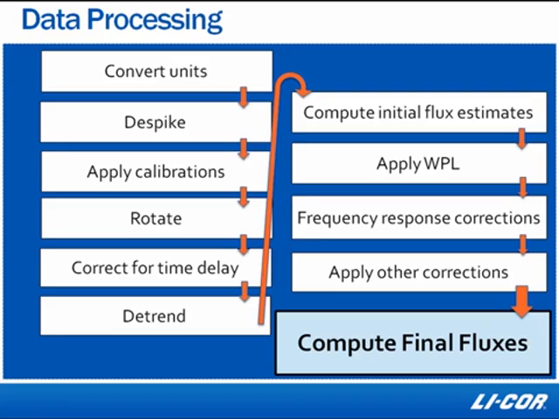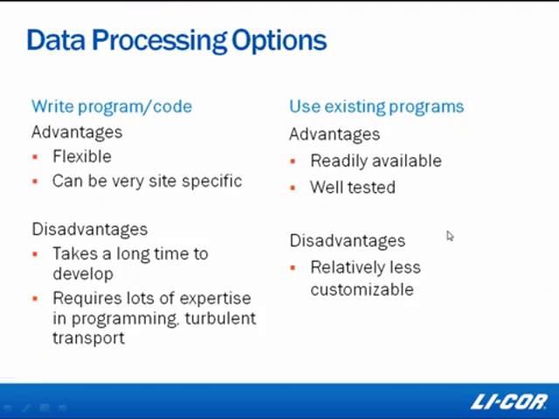Some of these calculations may be straightforward, like converting units, but the frequency response corrections, for example, could be a bit more complex, and so it's not at all efficient to try and do this for every half hour of data by hand. So at the design stage, most researchers will choose to go with one of these options.